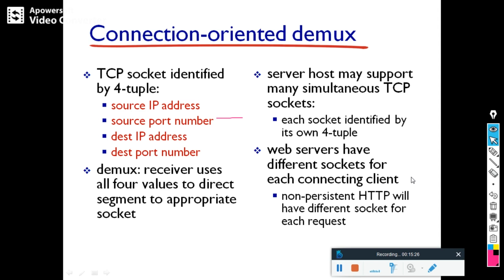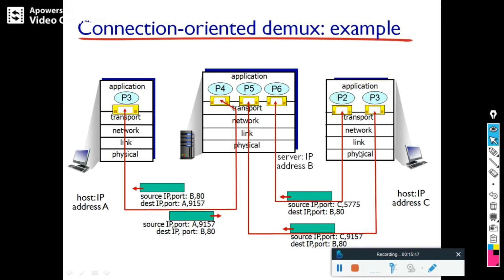So sockets are identified by means of 4 parameters. One is the source IP address and source port number. Second is the destination IP address and destination port number. Please remember, all these points are very important. Next. Now here is a clear picture you can see, of how things work.